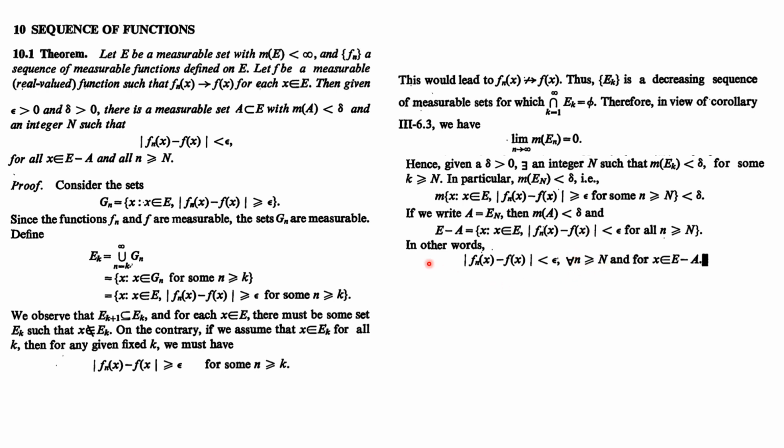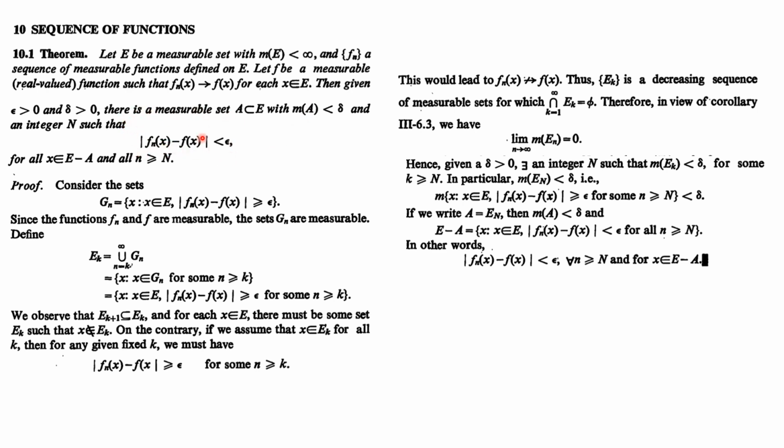So this is what we had to prove: whenever we have a pointwise convergent sequence defined on a measurable set E with finite measure, then we always have a subset A of E with very small measure, and on all those points which are in the complement of this set A, the sequence is converging uniformly.